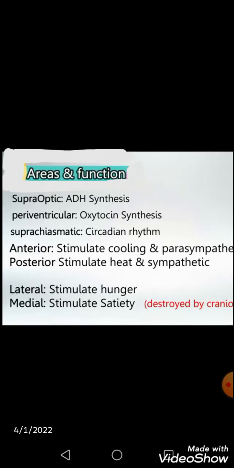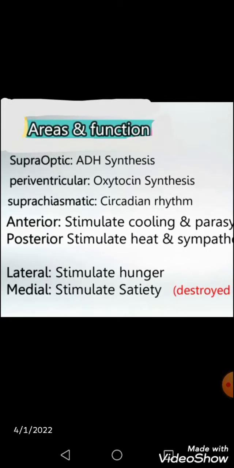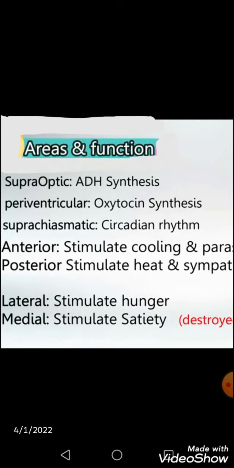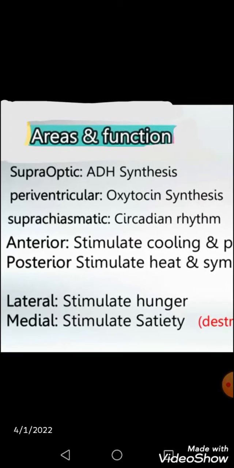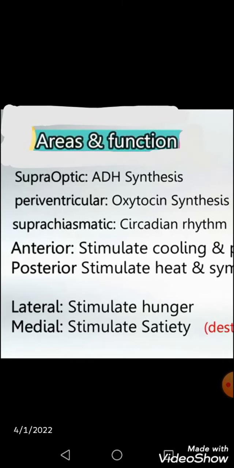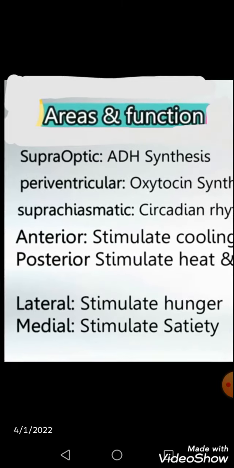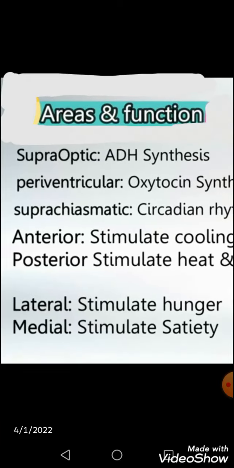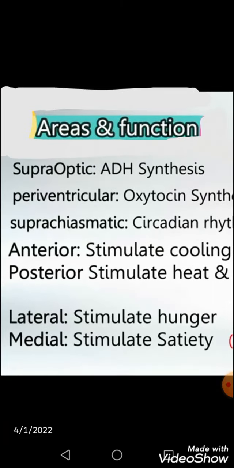And if the medial area of the hypothalamus is stimulated, you feel full, or the satiety center is activated. And if your lateral area is stimulated, you have the feeling of hunger. It means the lateral hypothalamus carries the hunger center, and along with this hunger center, it also has the thirst center, so you feel thirsty if the lateral area is stimulated.